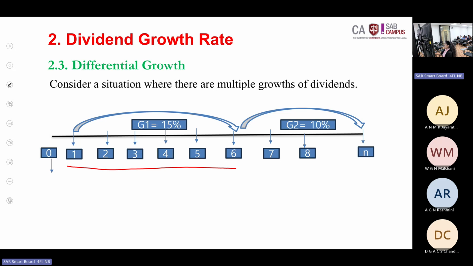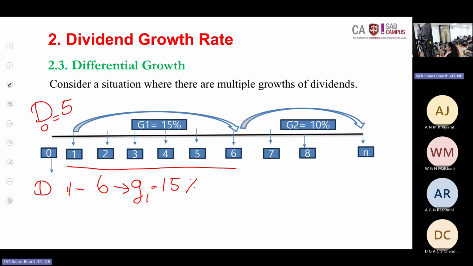At T0, the company has just paid a dividend of 5 rupees. Our dividends will grow from the first year to the 6th year with a growth rate of 15%.